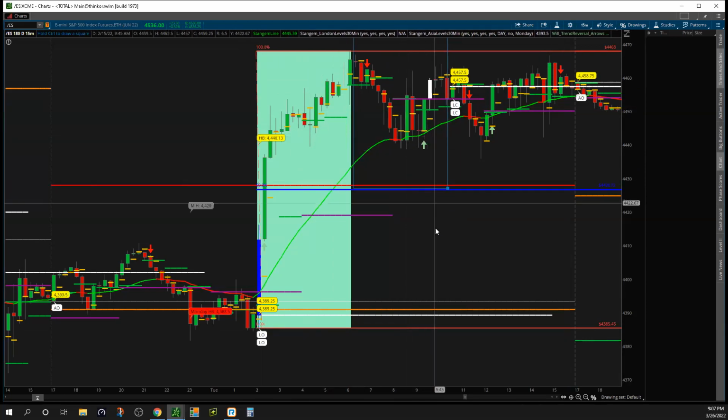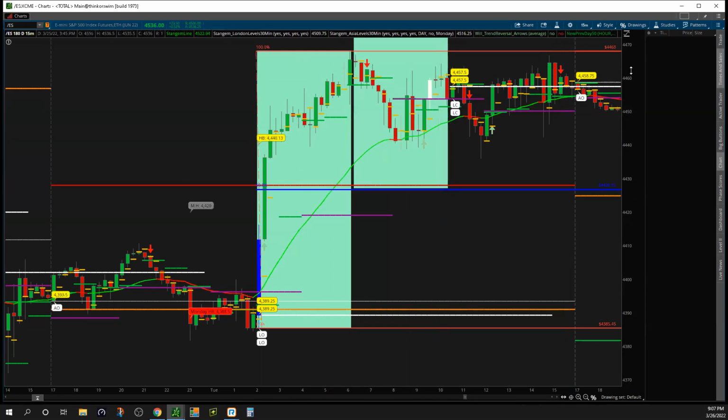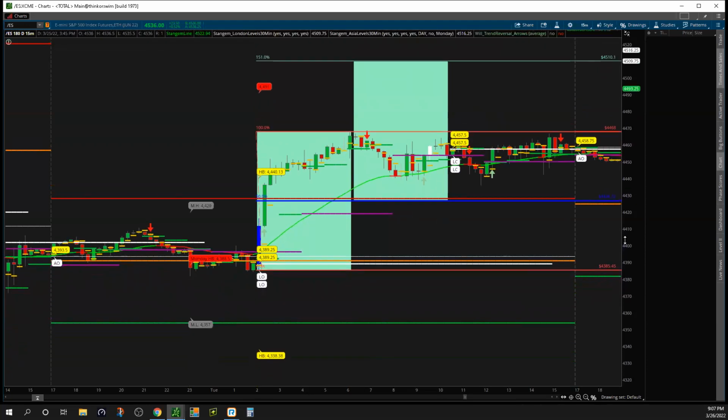Low, high. We're looking for halfback. We don't get there. Stangem line holds, which is also where you can buy from the Stangem line.